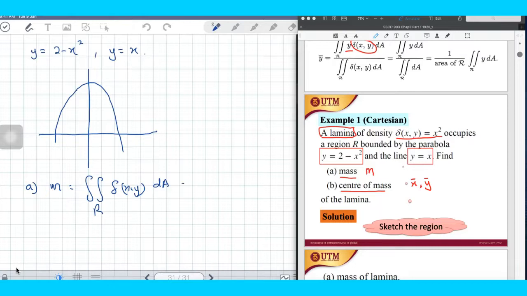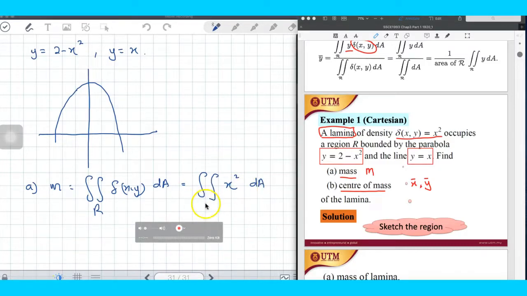So now the density function is x squared, so we have x squared dA. We have to have the region so that we can determine the limits here, right? So now the region is bounded by the parabola, which is 2 minus x squared.